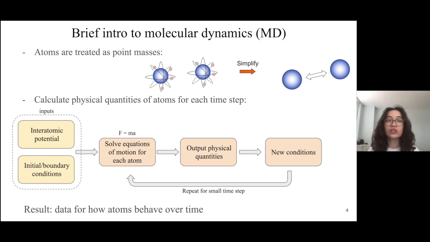It takes those conditions and, for a small time step, integrates the equations of motion and outputs quantities like temperature. It also solves for new conditions, so new position and new velocity, and that is used as the new initial condition for the next time step. Then it integrates the equations of motion again, and it keeps going for each small time step, and as a result, you get data for how atoms behave as a function of time.